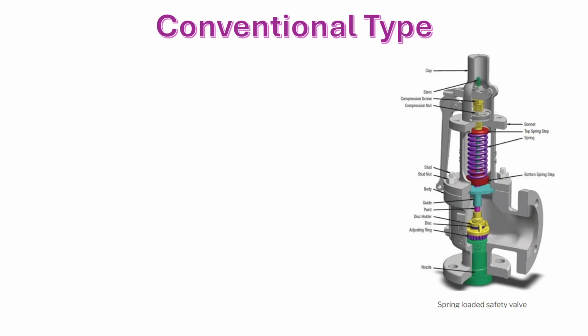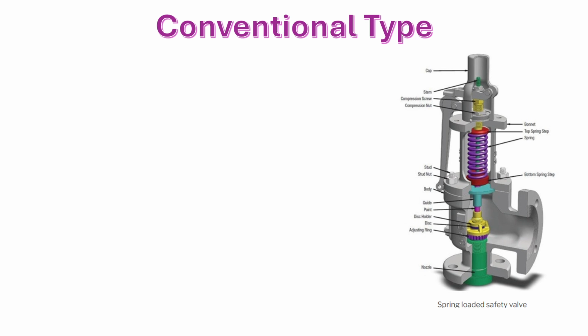First is the conventional type. What is meant by the conventional type safety valve, and when to select it? Basically, the common type of conventional safety valve is the spring-loaded pressure relief valve. You can see the spring here.